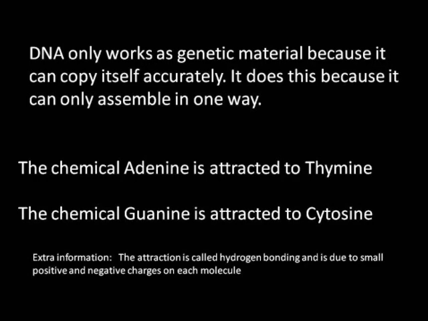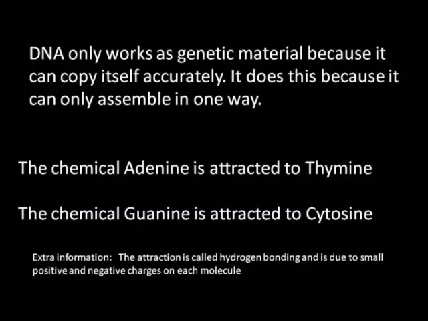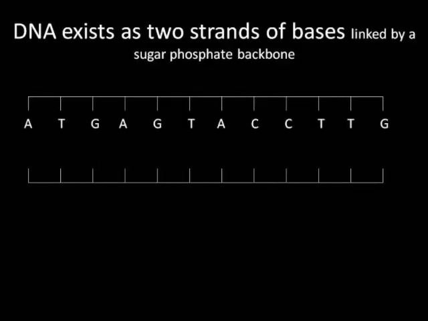DNA works because it has this code, and the fundamental function of the code is the pairing. So the adenine bases pair up with thymine, and the guanine bases pair up with cytosine. That means if we've got a DNA code like this, we can write the other strand, the bottom strand.